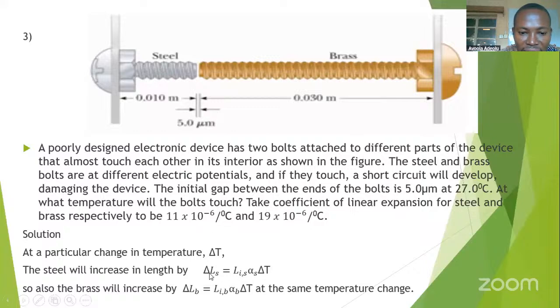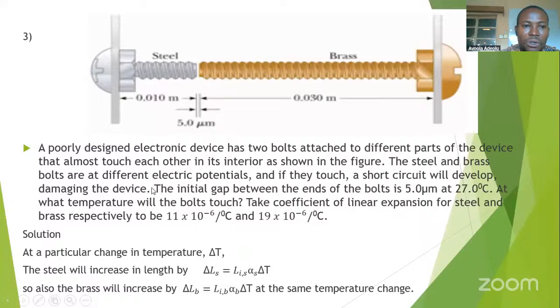So that's why I have delta LS is equal to LiS alpha S delta T. For brass also, I have delta LB is equal to LiB alpha B delta T for this bolt, but I put B to indicate brass. So if I get delta L for the steel plus delta L for the brass equal to 5.0 micrometer, the two bolts will touch.